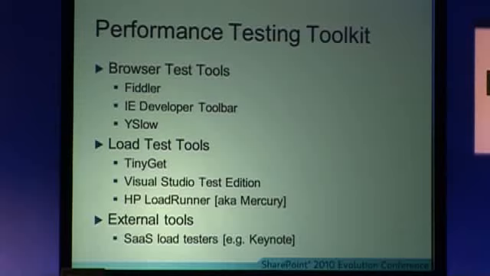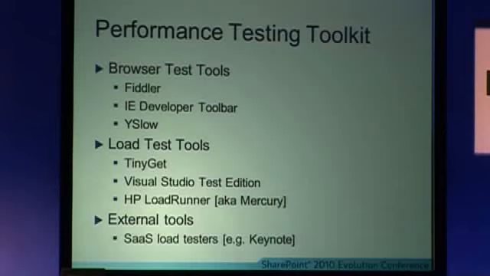Unfortunately, they're not in Visual Studio Professional. You have to get Premium or Ultimate. Who's going to buy Ultimate? It's like $15,000. But anyway. In addition to that, there are enterprise class platforms like LoadRunner from HP, which used to be called Mercury, for those who've used these tools.